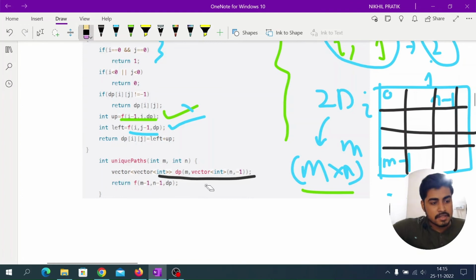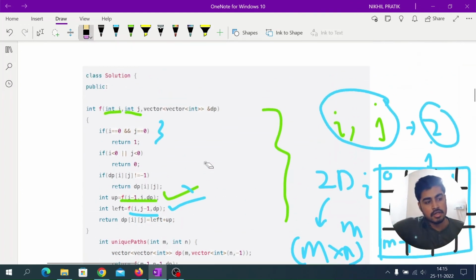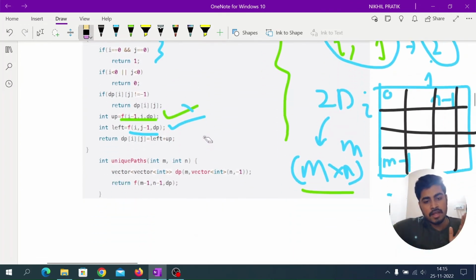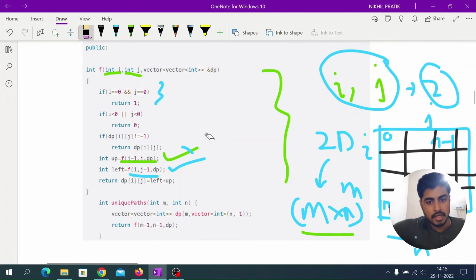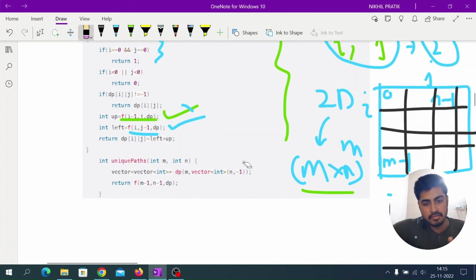What I mean by that is, in this case the value will always be positive, right? So if I initialize with a negative value here, I can guarantee that if a cell has a negative value, that recursive function hasn't been solved yet, right?